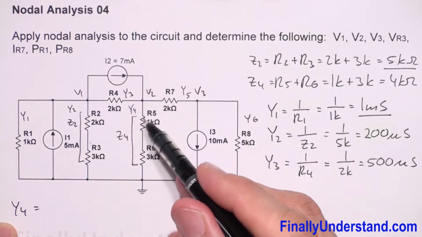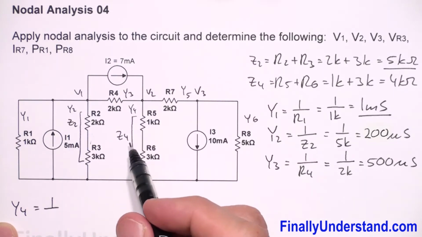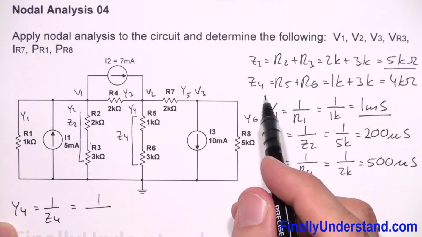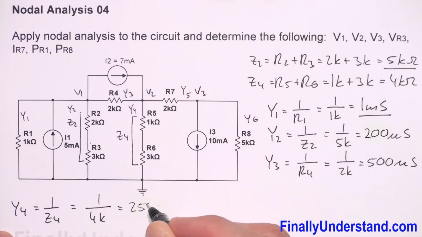Y4 is simply 1 divided by Z4, and Z4 is equal 4 kilo ohms. So 1 over 4K, 250 microsiemens.